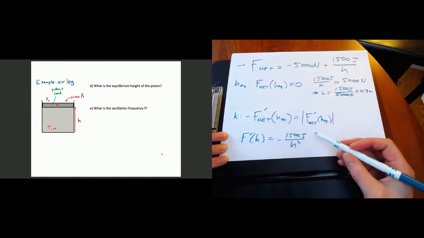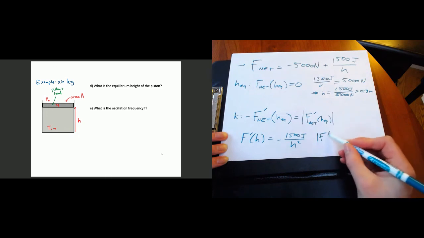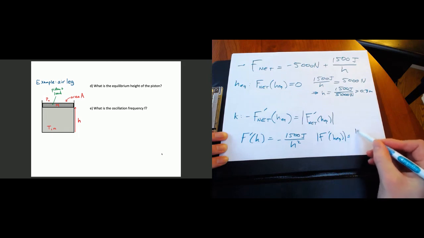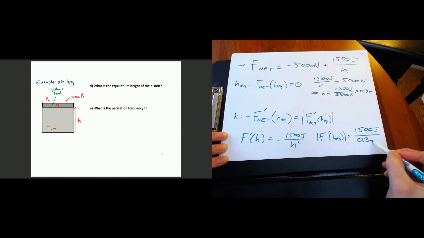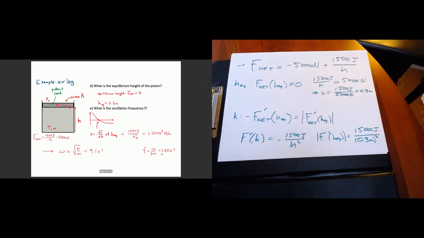Okay, and now we plug in. So the absolute value of F prime at H equilibrium is then equal to 1,500 joules over 0.3 meters squared. Okay, so I've got the numbers here.